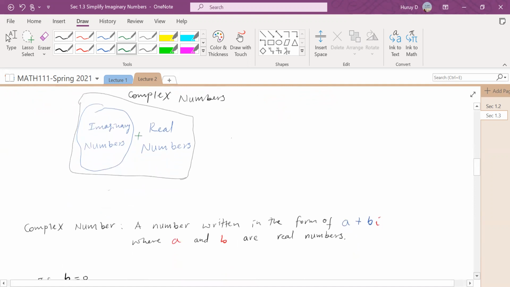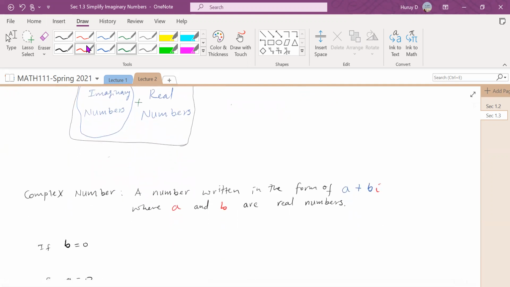And a complex number is written in the form a plus bi. This is how we write a complex number. This a and b are real numbers, but the b is multiplied by i. There is an i here. So this term is called the imaginary term, and this term is the real term, or real number.